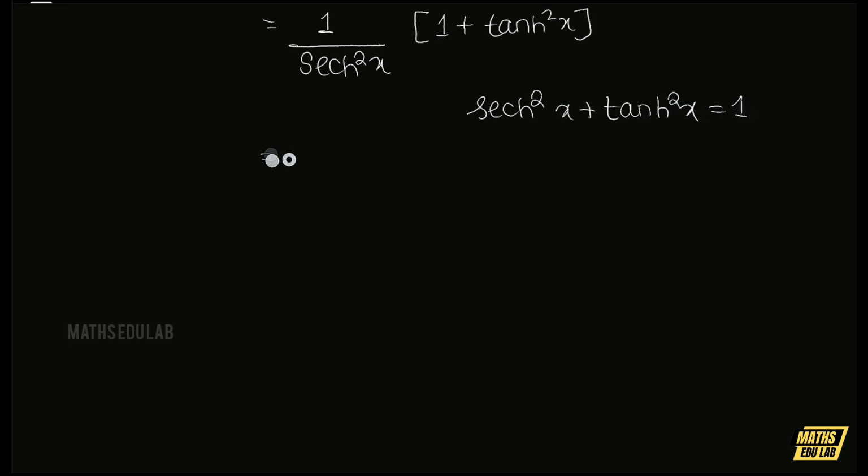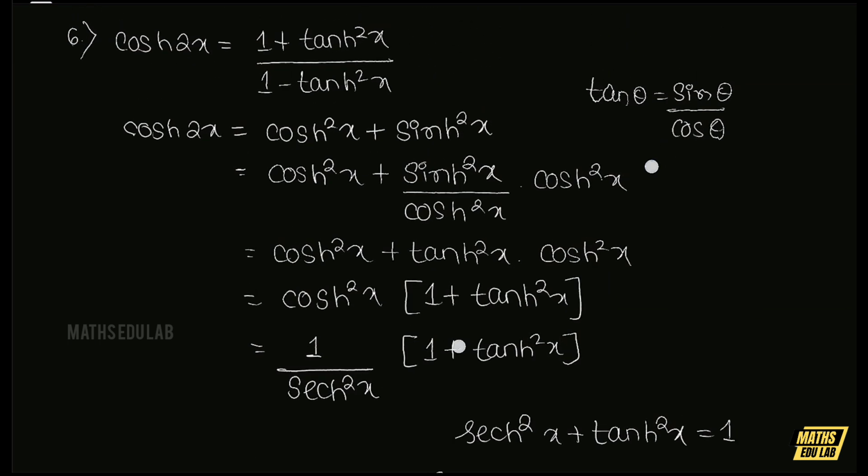So by using that, I can write it as 1 plus tan hyperbolic square x upon 1 minus tan hyperbolic square x. So this is the formula of cos hyperbolic 2x.